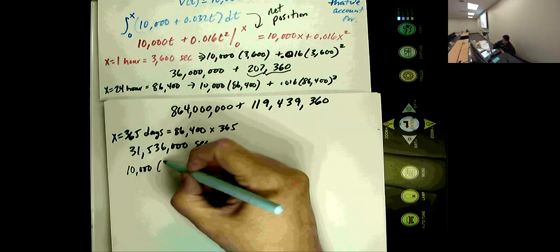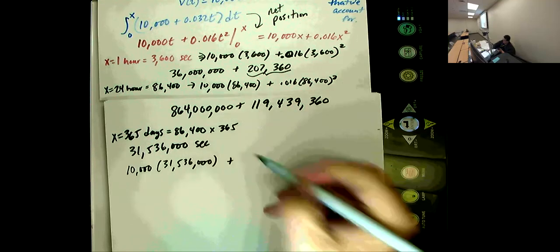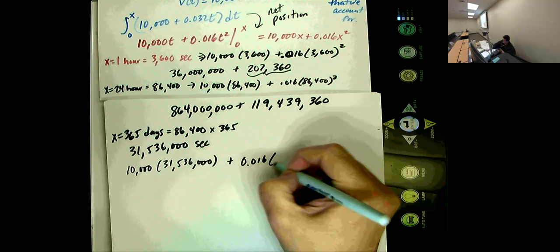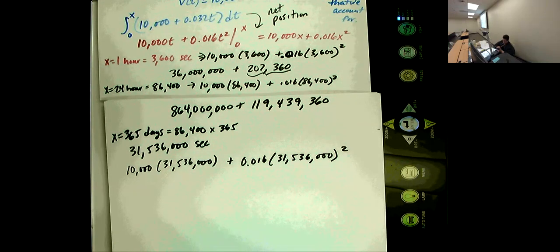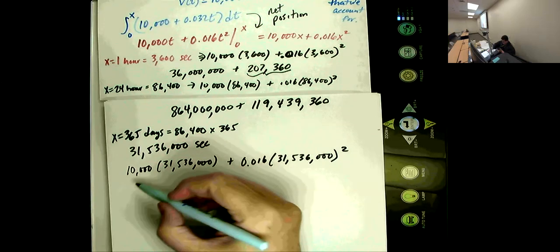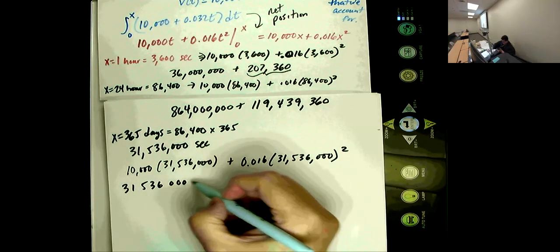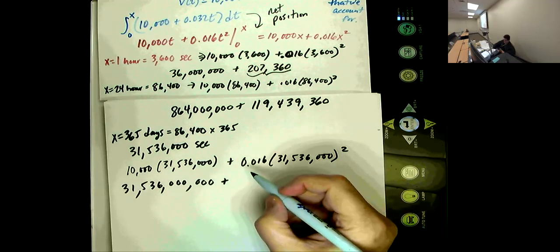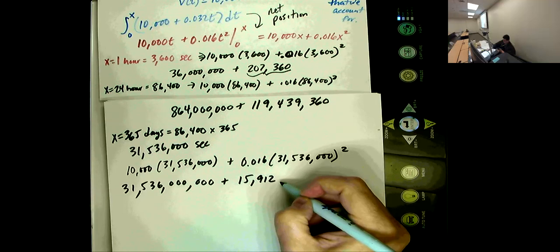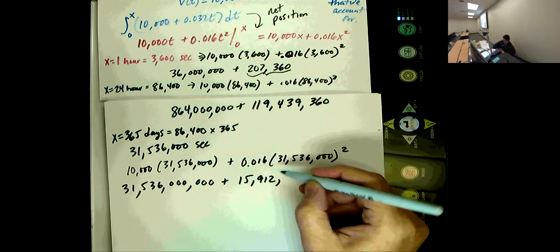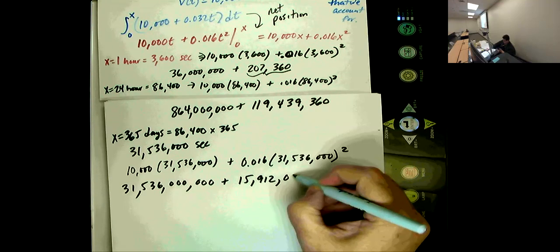If I multiply that by 10,000, this number is going to get pretty big when I square it. I need 9 zeros here.